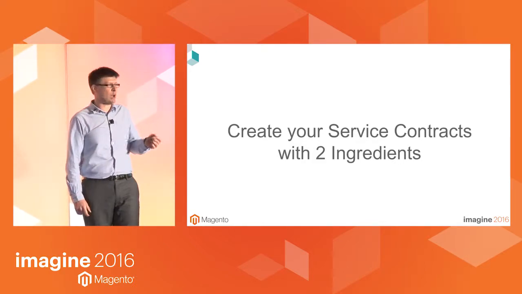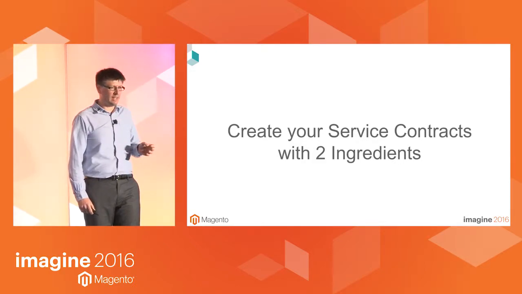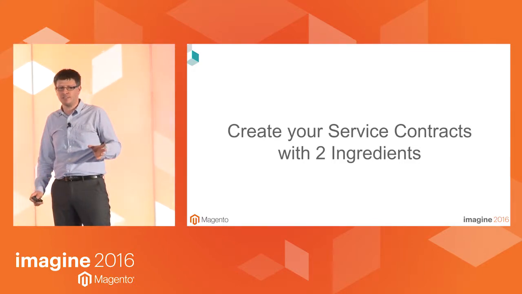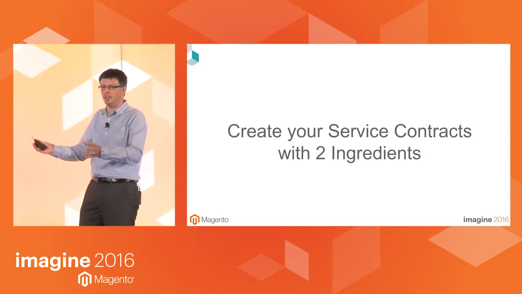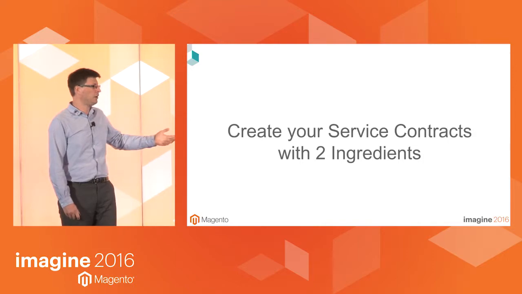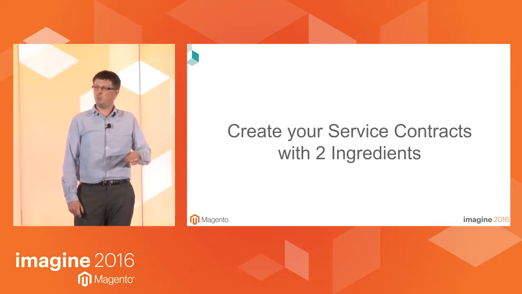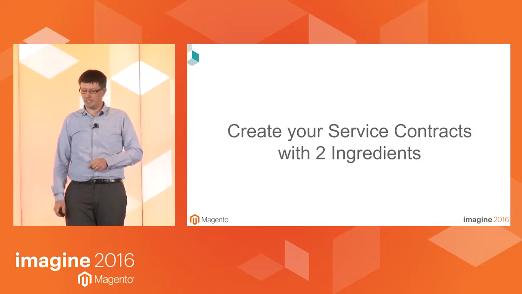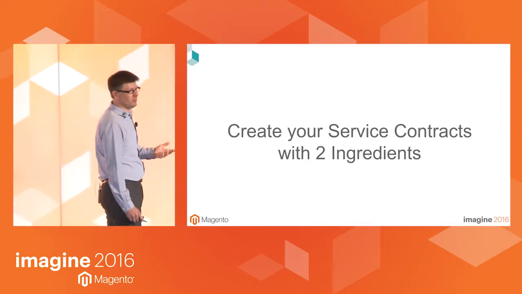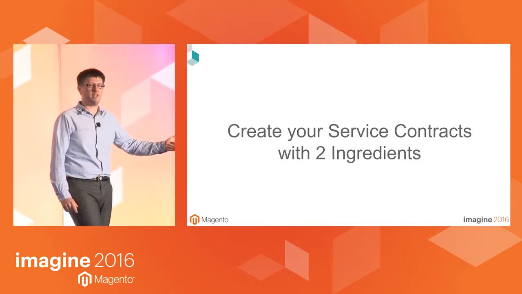Well, I'll start out with an example for this. I have an extension which is called email attachments. And what that extension does, well, it takes the PDF of the back end and attaches that automatically to the outgoing sales emails. So I've implemented this with a service contract. What does it allow me to do? Well, I'm also offering an extension which is called PDF Customizer.